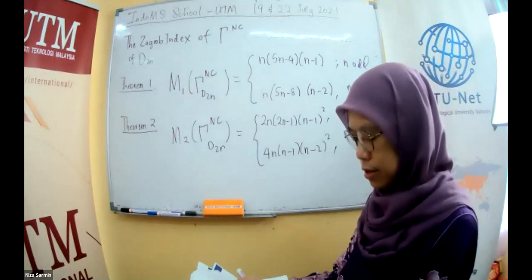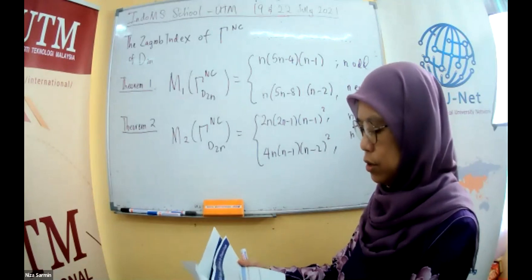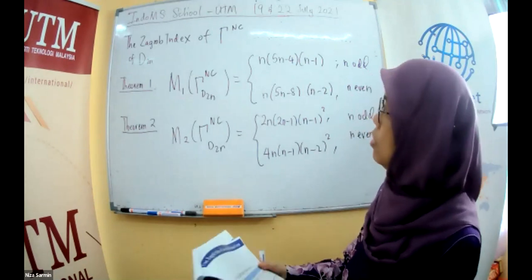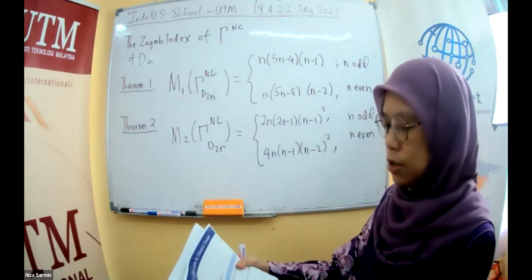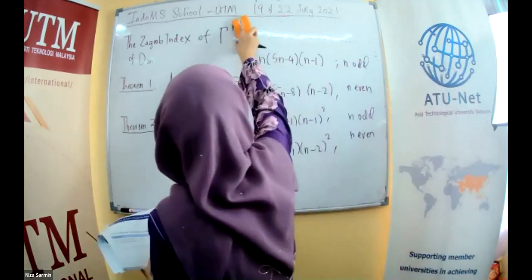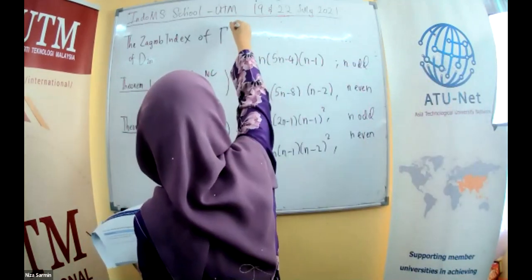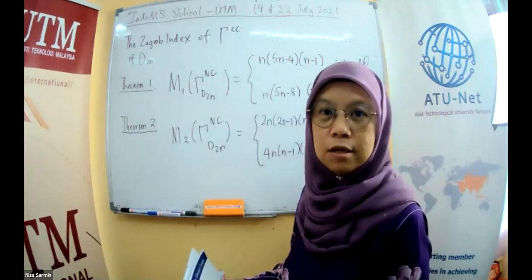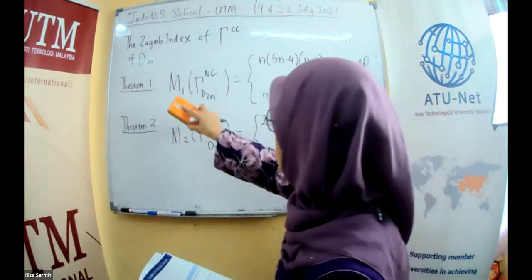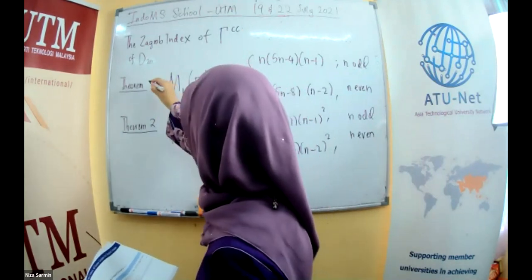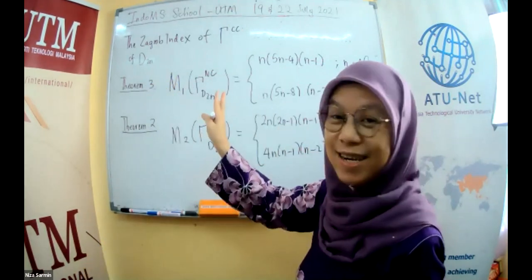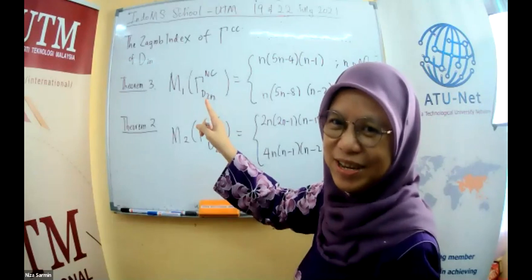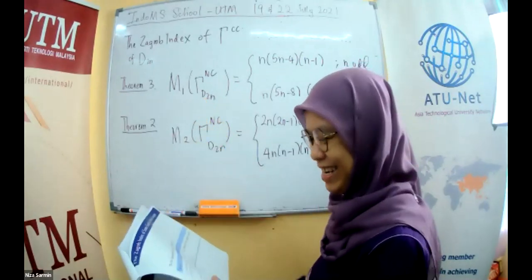the hydra. Right, now I want to share about the Zagreb index of the conjugacy class graph for dihedral groups. So we call it Theorem 3. I can erase just that; you cannot, you have to rewrite, right?